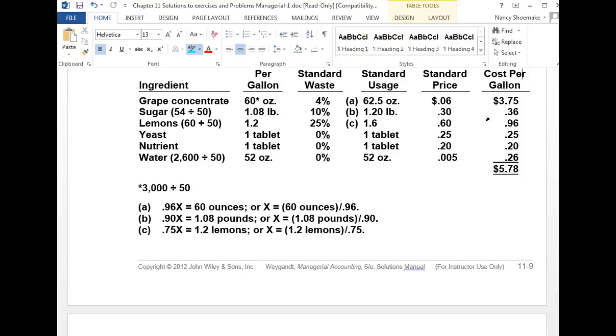So based on the cost per gallon, we're going to be using a standard cost rate per gallon of $5.78 per gallon. Do you see how in our standard cost we're taking into account waste? Tell me when I can move on there.